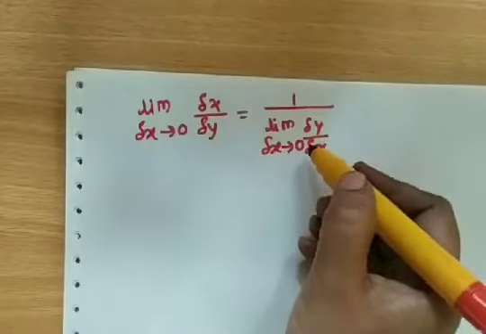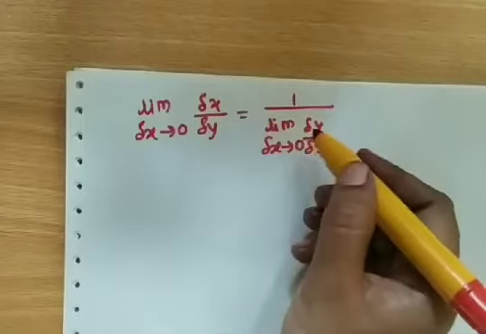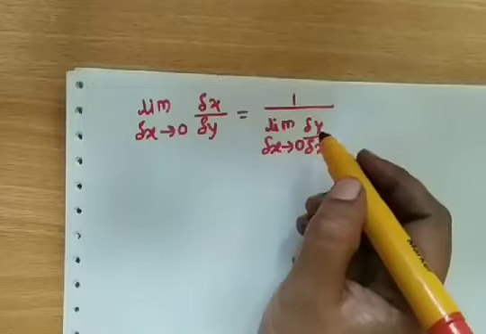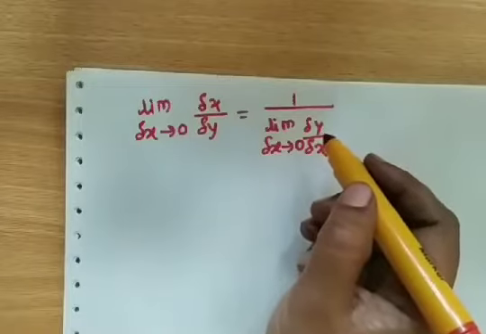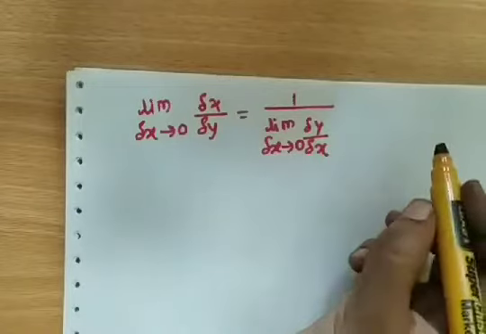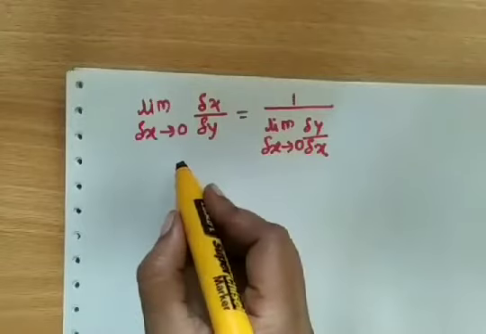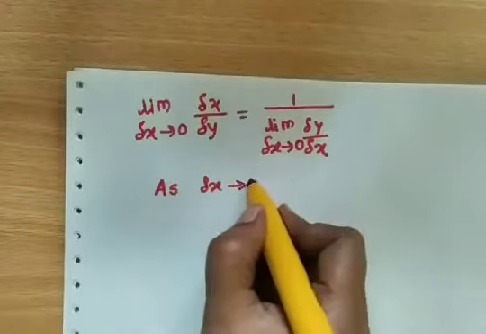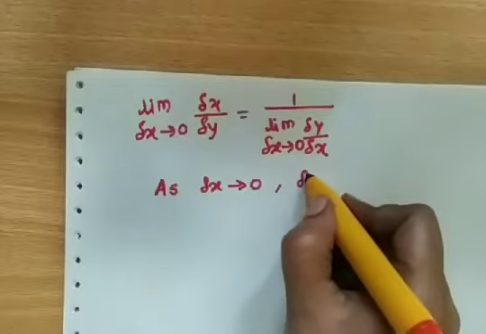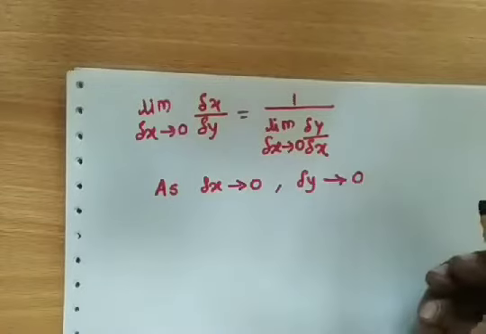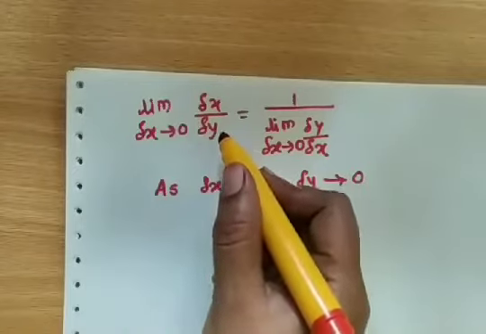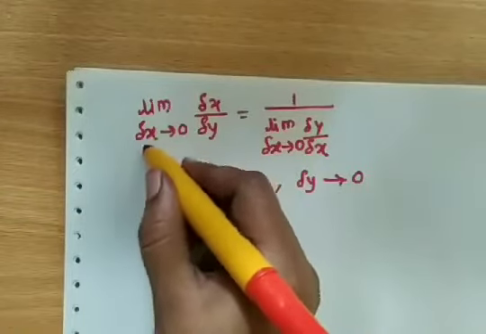Let us take the help of the statement of the theorem, that is, as x is a differentiable function, y is also a differentiable function. Therefore, we write it as: delta x tends to 0, delta y also tends to 0. Here delta y cannot be changed, but we have to change the limit.